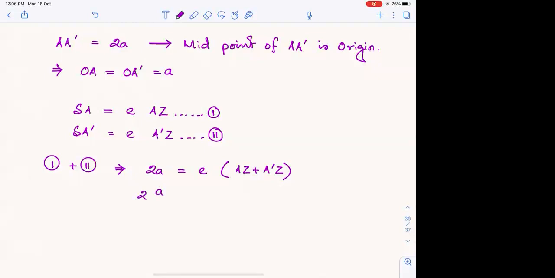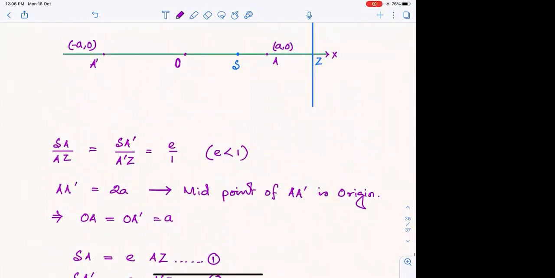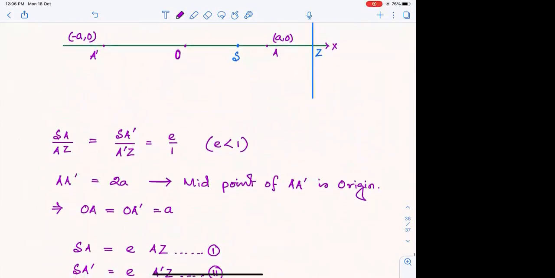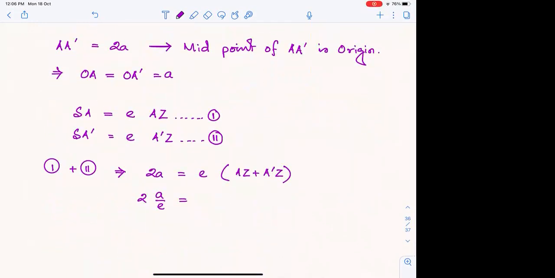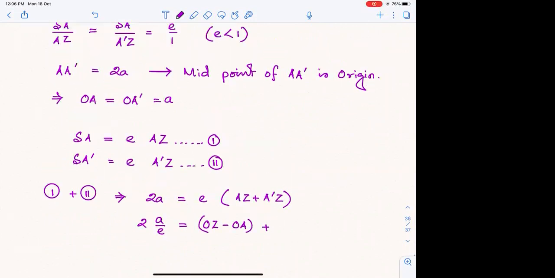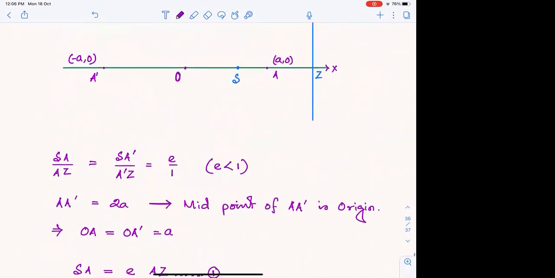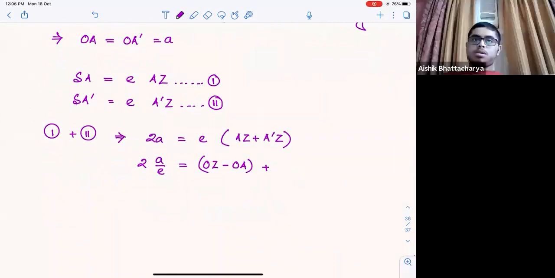So 2a by e, that is AZ plus A dash Z. You can identify AZ is OZ minus OA, and added with A dash Z, you can identify it's OA dash plus OZ.